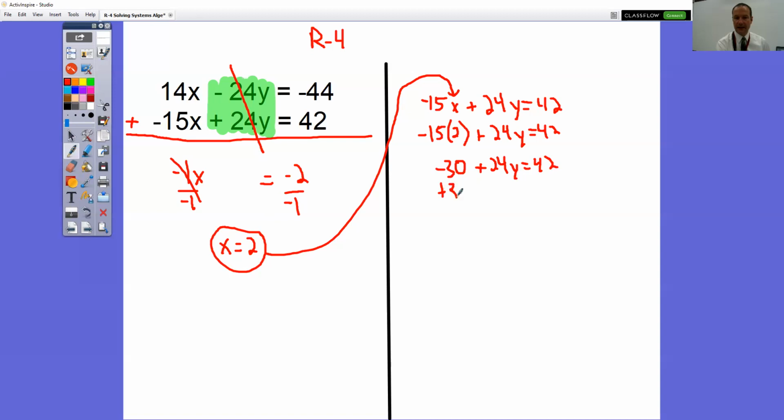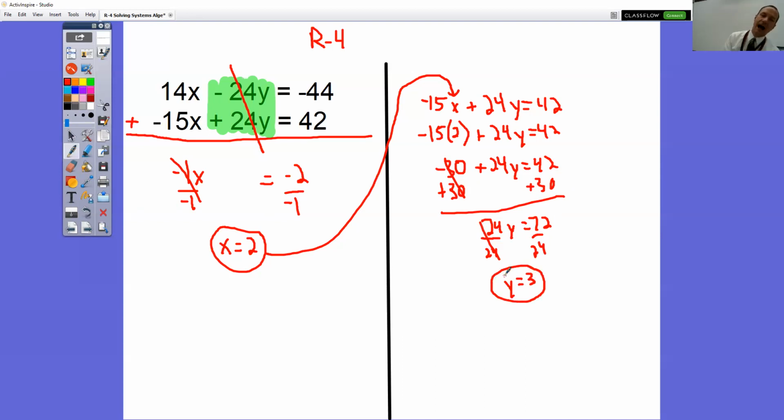Get rid of the -30. This is just a two-step equation here. So plus 30 and plus 30. So 24y equals 72. Divide by 24, divide by 24, and you get y equals 3.